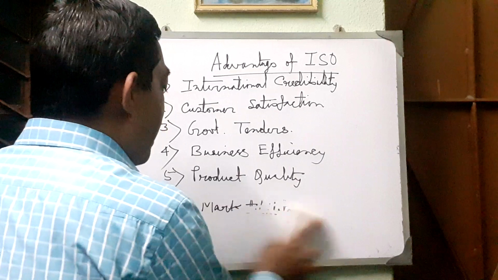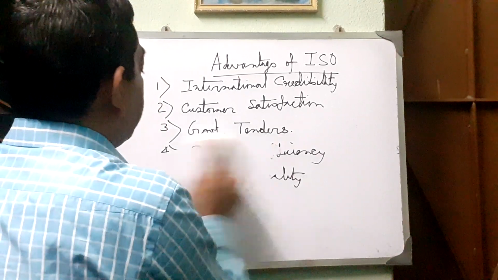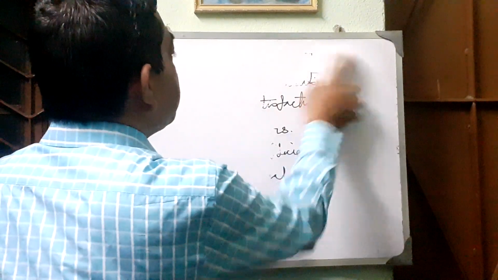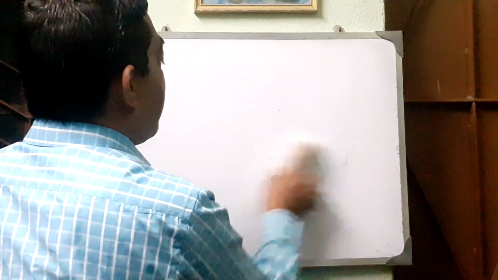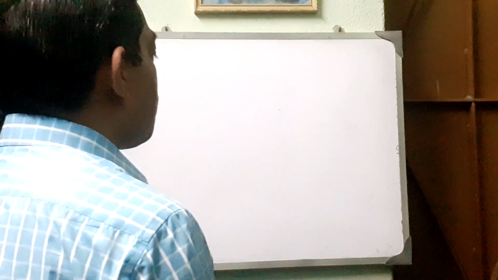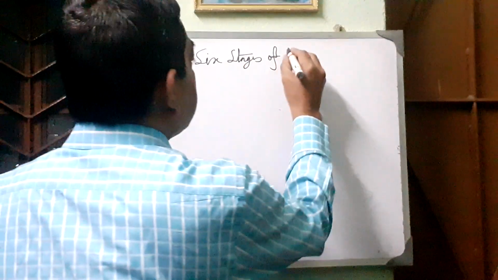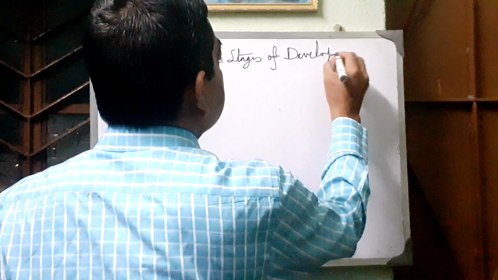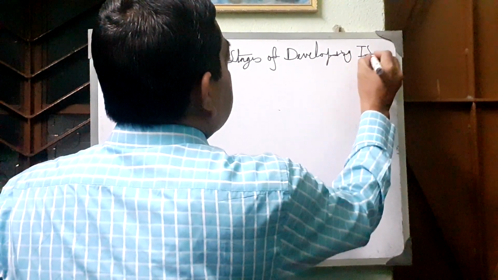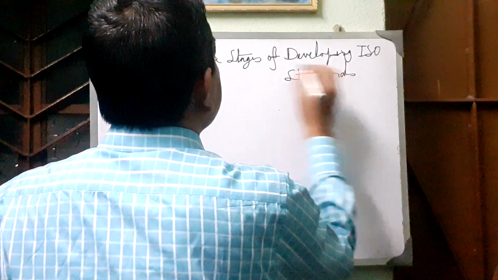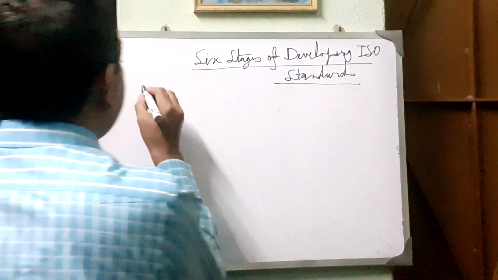Now we come to how the ISO standard is developed. There are six stages of developing ISO standards. First is the proposal stage.